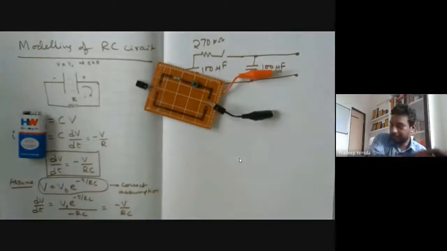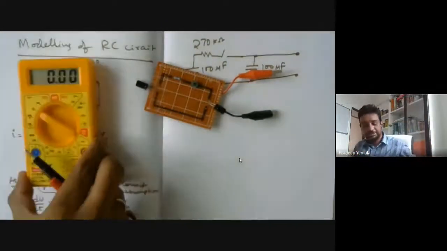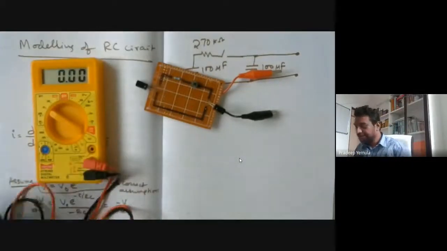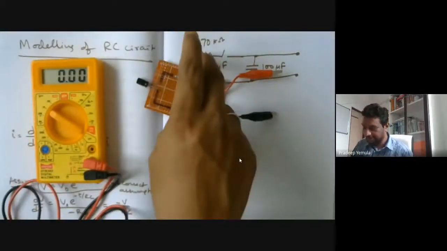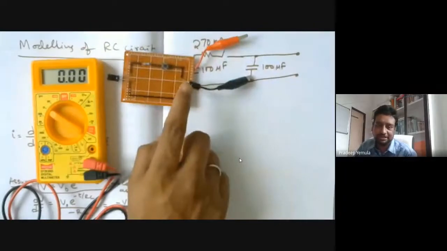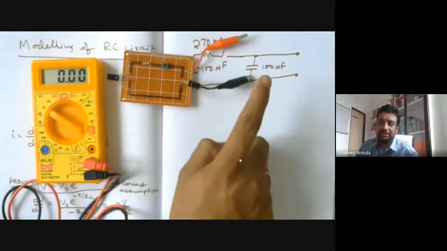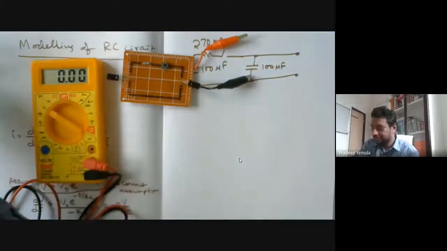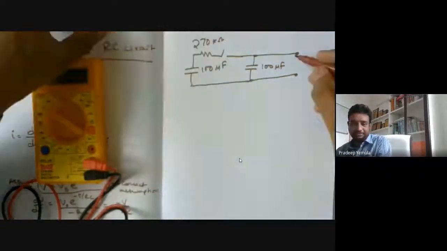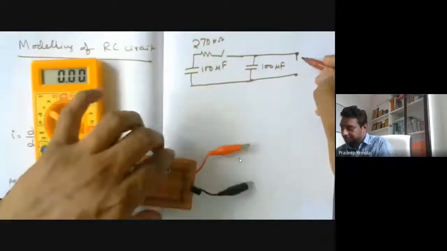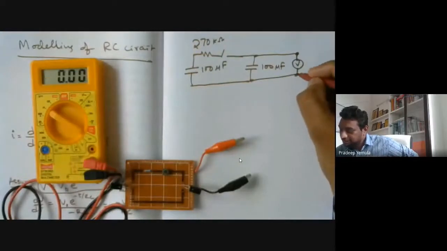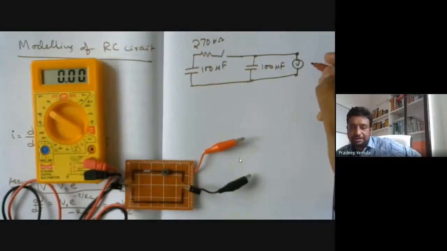Now I can repeat the experiment. I have the fully charged capacitor and I have the terminals. Now if I connect a voltmeter V, I'm just drawing the circuit here. The voltmeter itself will have internal resistance.